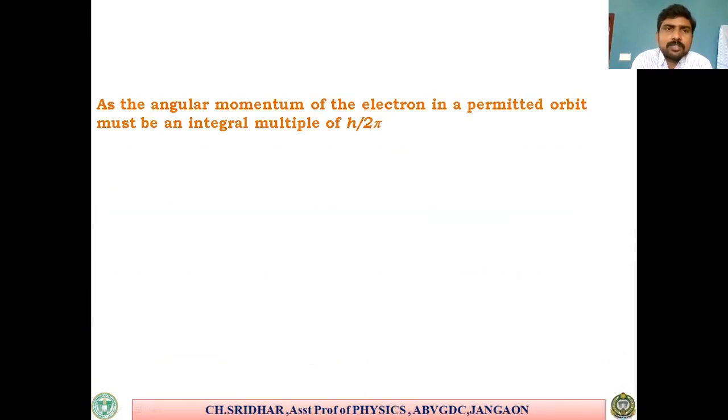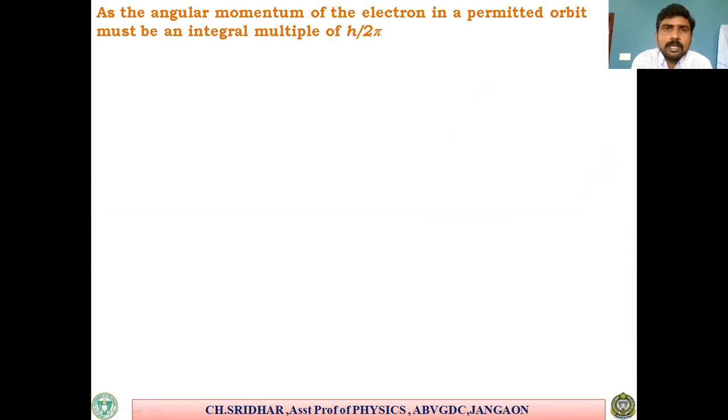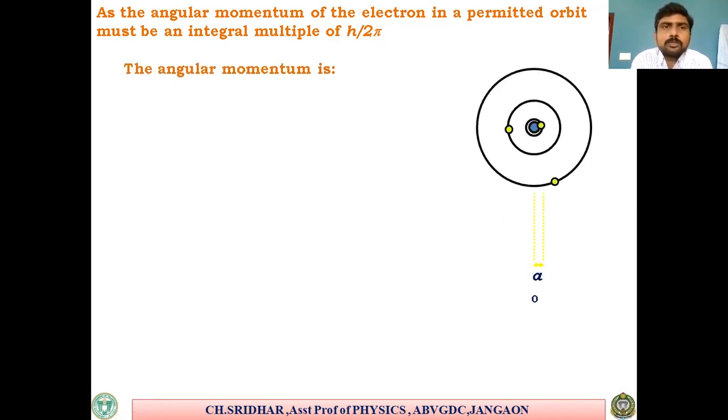Using this equation and the second postulate of Bohr, the angular momentum of the electron in a permitted orbit must be an integral multiple of h by 2 pi. The angular momentum L is equal to mvr is equal to n h cut, where h cut is equal to h by 2 pi.